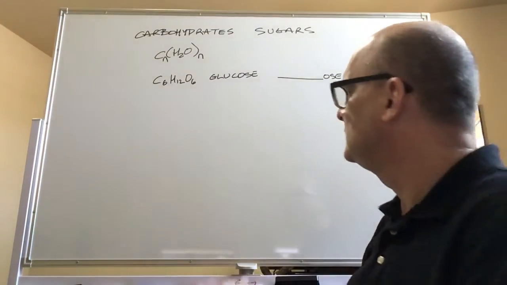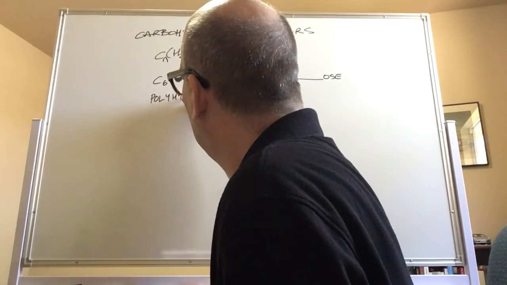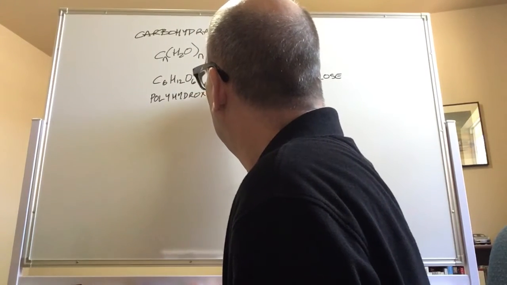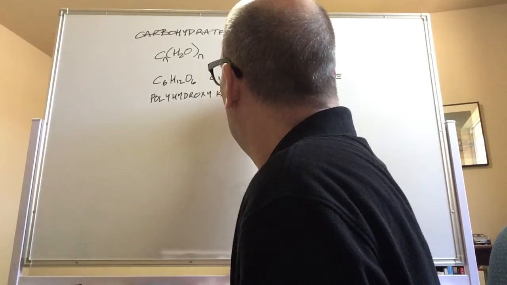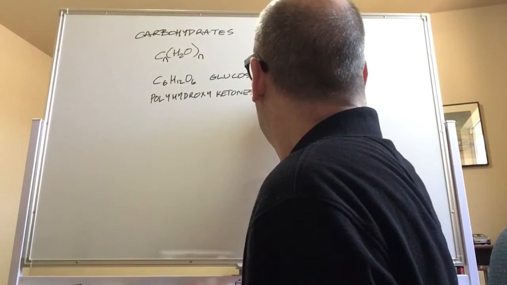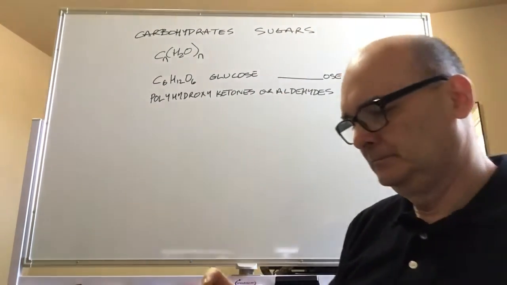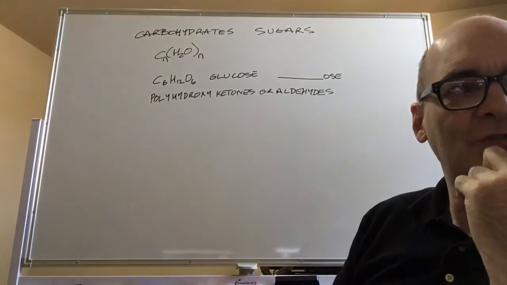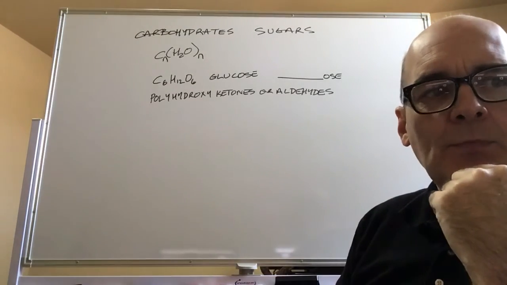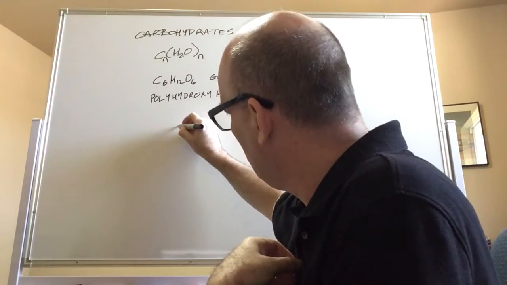And all sugars are polyhydroxy ketones or aldehydes. And the absolute simplest, easiest sugar that we can look at is a little molecule called glyceraldehyde.